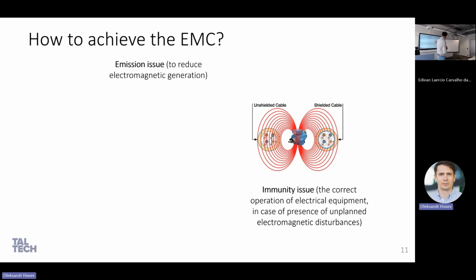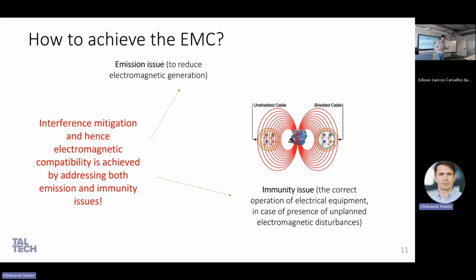And the second aspect that you always have to think about is immunity issues, the correct operation of electrical equipment in the presence of unplanned electromagnetic disturbance. So if your converter works in such an environment where you may have other converters designed by not very well educated engineers, you still need to provide proper operation of your device. But the beauty of this physics is that usually, if you address at least one of them, usually you address both.